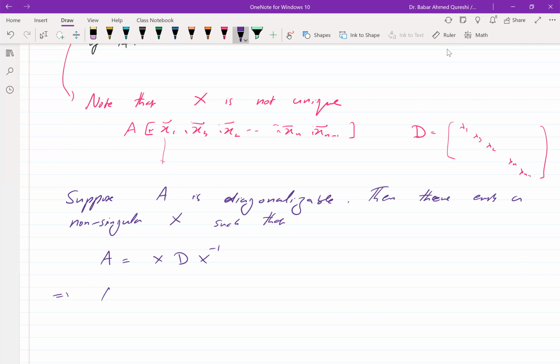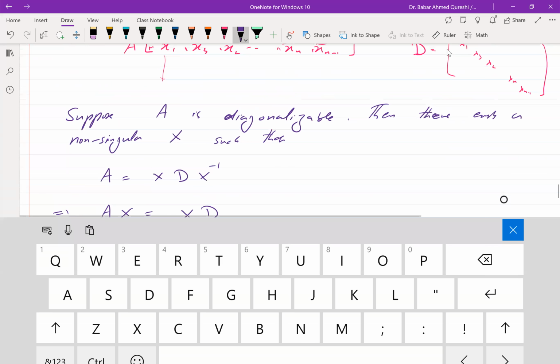That means I can write it like this by multiplying with X from the right, AX equals XD.